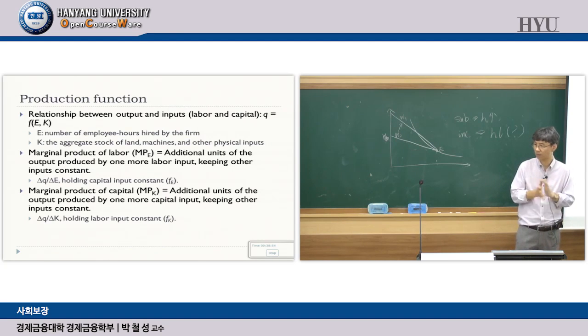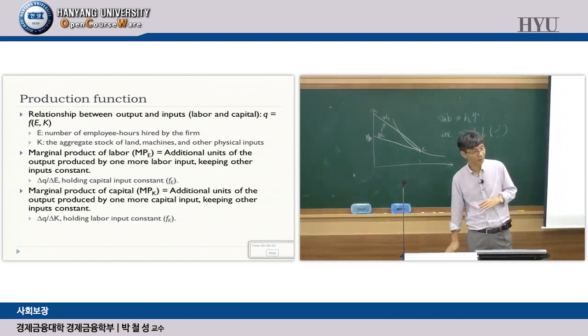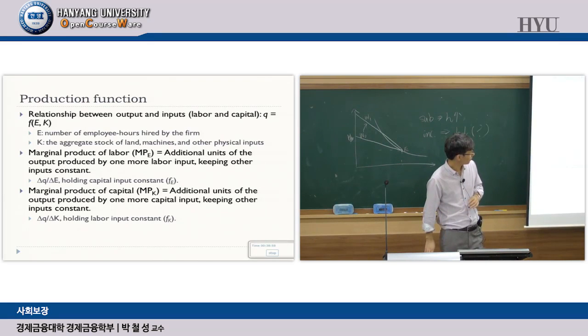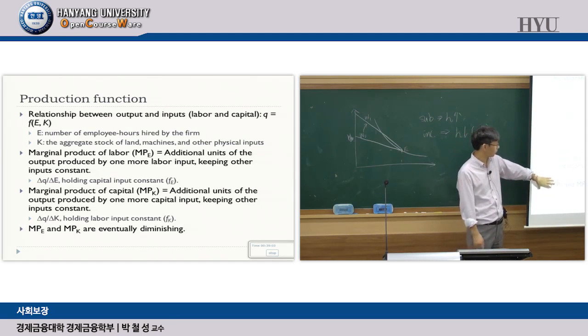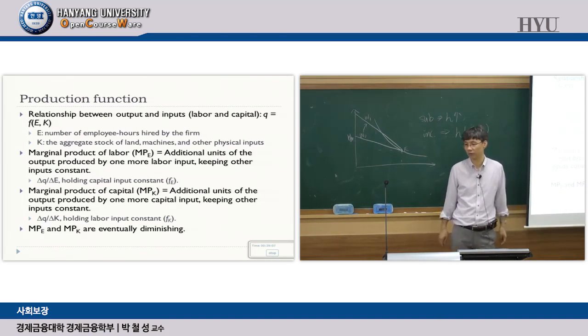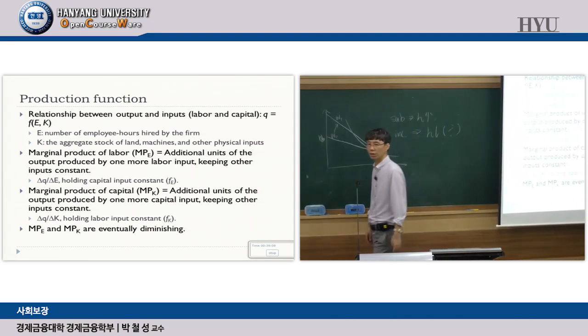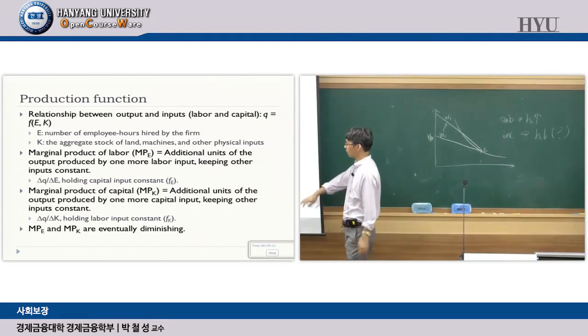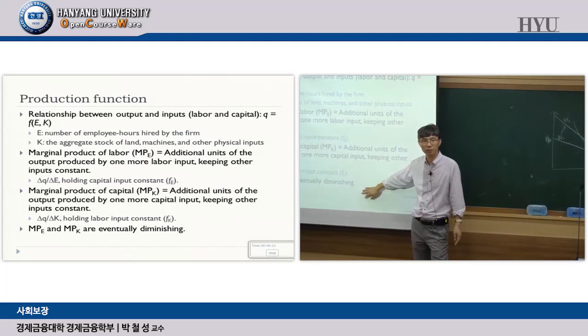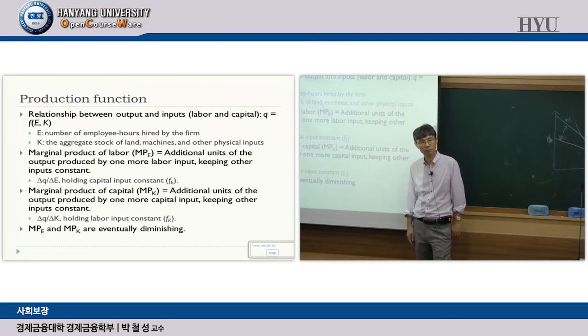Get it? It's just a standard concept. And it's important to assume that MPE and MPK are eventually diminishing. Some people call it the diminishing, what do they call it?